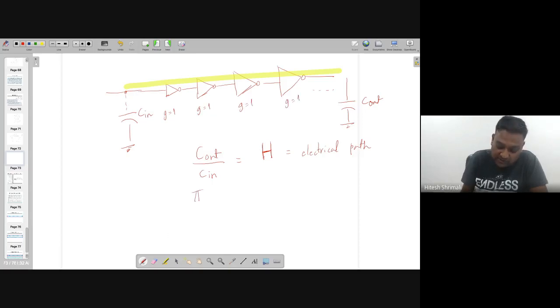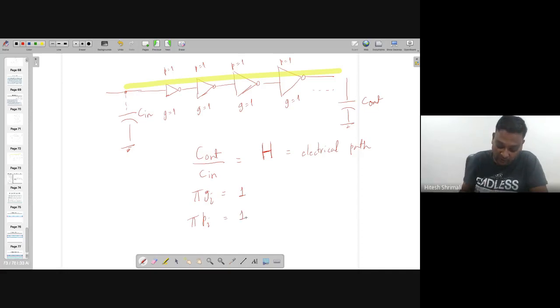So the multiplication of all such g_i is going to be equal to 1. There is no branch, so branch is not there, and that will not be coming into the calculation, right? And each one of them has a parasitic delay of 1. Notably, the parasitics are also going to be equal to 1.